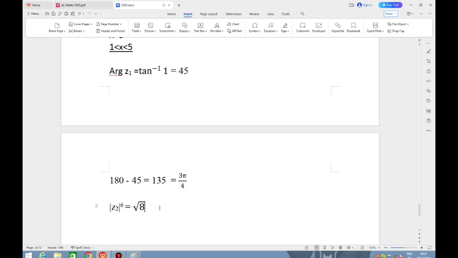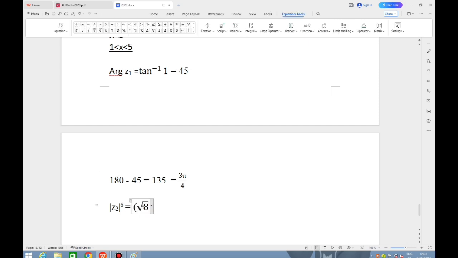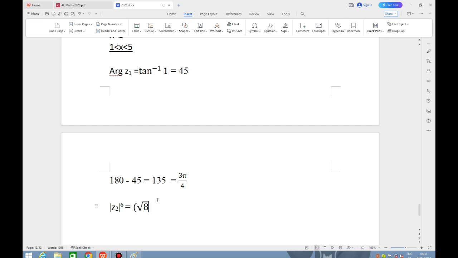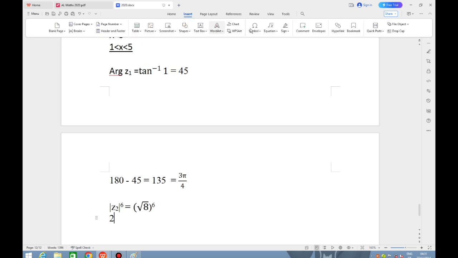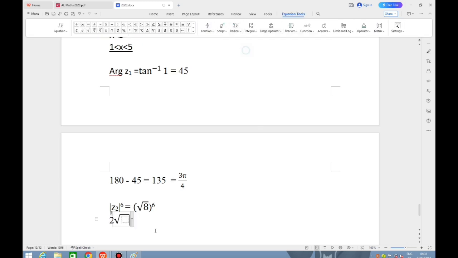And this entirety is going to be raised to the power 6. So 2 root 2 raised to the power 6.